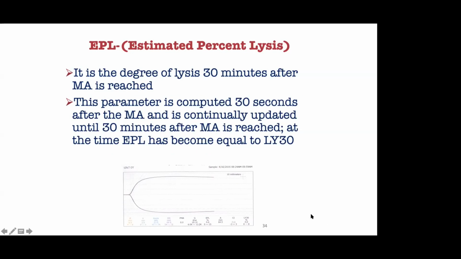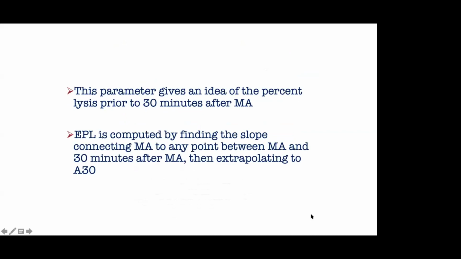That means once maximum amplitude is achieved, every 30 seconds it is calculated, up to 30 minutes. So we can predict early what percent of lysis is likely to happen.